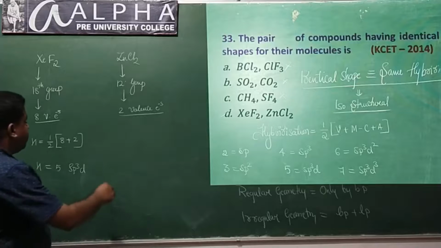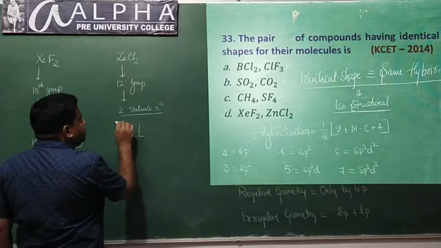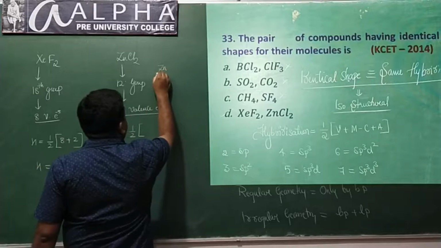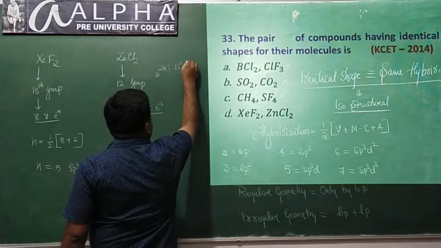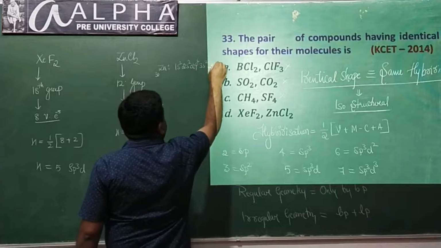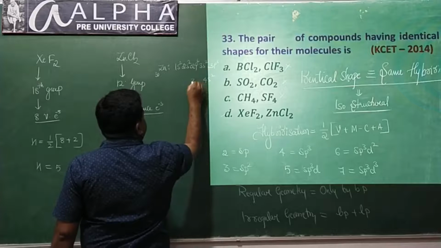Next. Here, if you calculate the hybridization, it is equal to half of the number of valence electrons in zinc. The atomic number is 30, and its electronic configuration is 1s2, 2s2, 2p6, 3s2, 3p6, 4s2, and then 3d10.